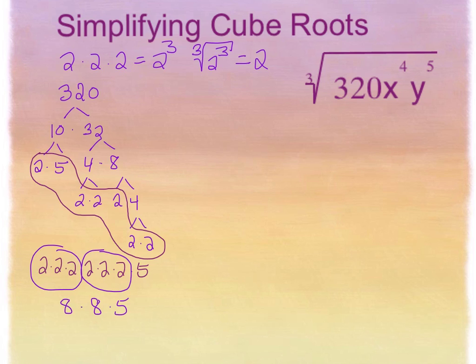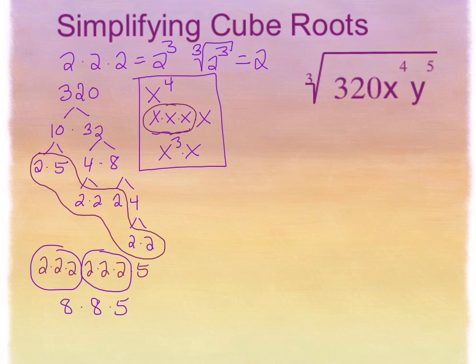All right, let's take a look at our variable terms. First, x to the 4th, we have x times x times x times x. And this is a perfect cube here. I'll circle it. So we have x cubed times x. I'm going to just break these out. And then finally we have y to the 5th power.